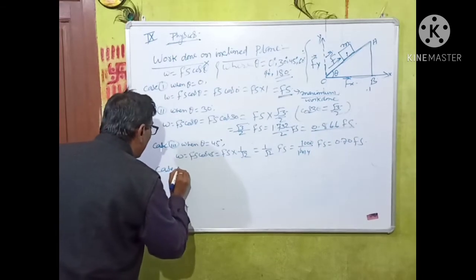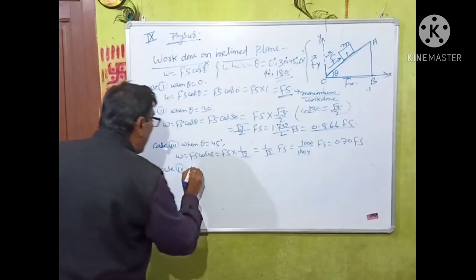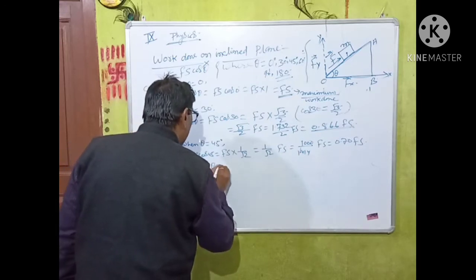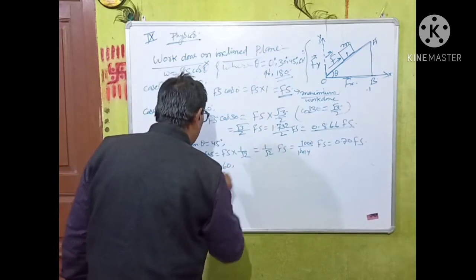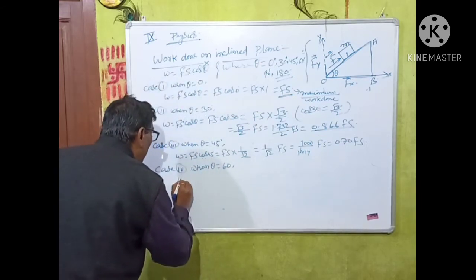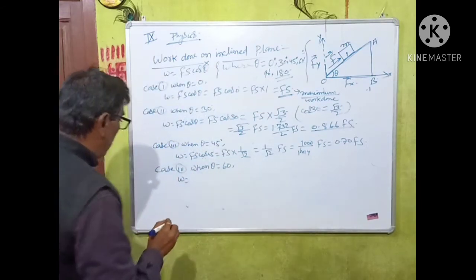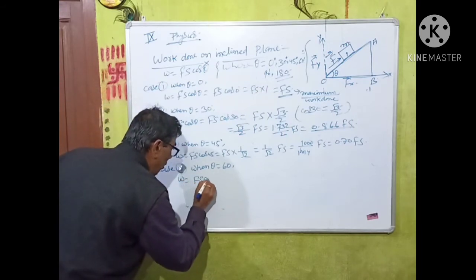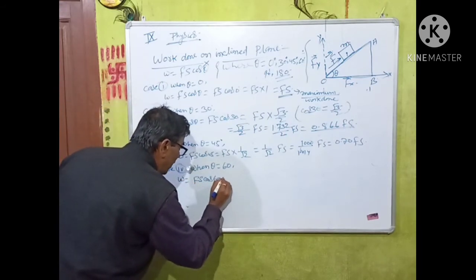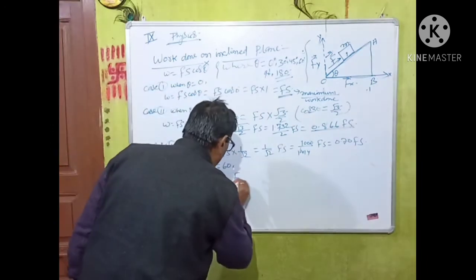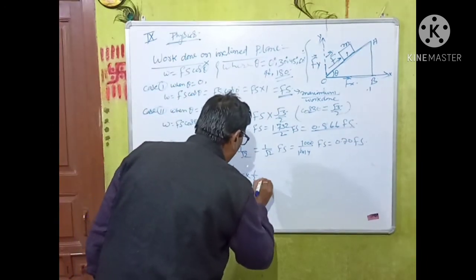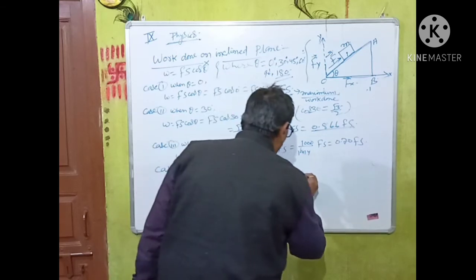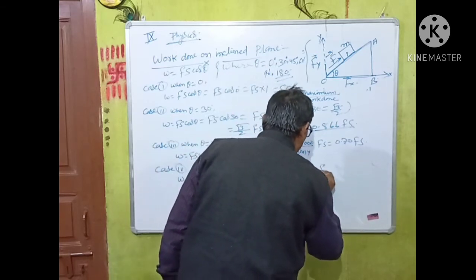Case 4, when theta is equal to 60 degree, then the work done W is equal to Fs cos 60 degree, which is Fs into half, equal to half Fs, that is 0.5 Fs.